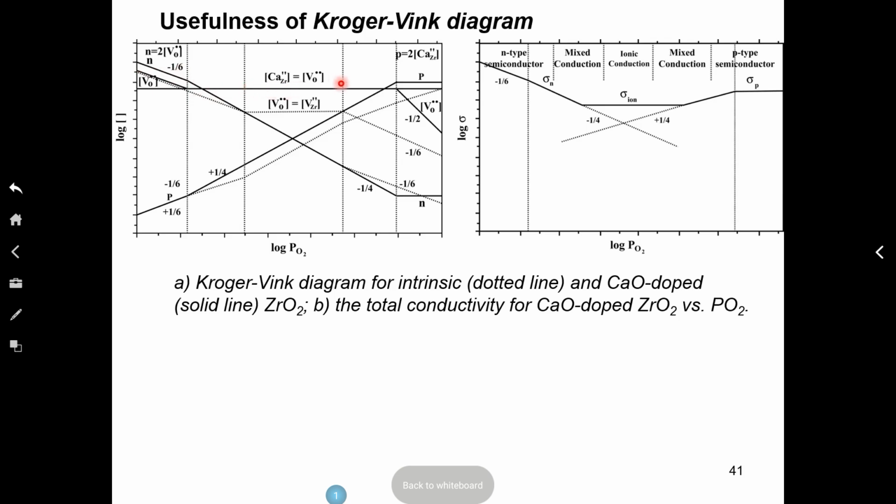And then this is ionic, completely. And then when you get mixed ionic, p-type, and eventually. So based on this defect Kroger-Vink diagram, you can predict how the electrical conduction works.